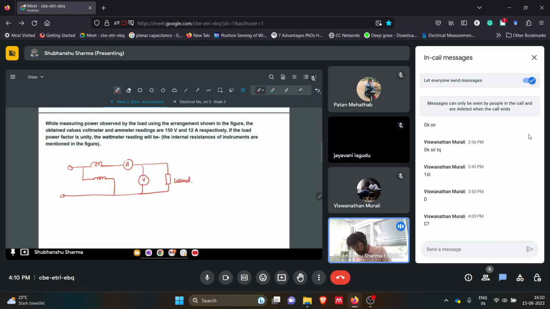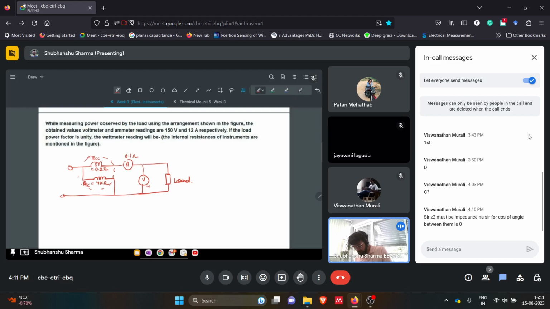This is a power coil of this wattmeter, the PC, and the resistance of the power coil is 4 kilo ohms. This is the CC, the resistance of the current coil, and it is 0.2 ohms. We also have 0.1 ohm for this ammeter, and 4 kilo ohms for this voltmeter.